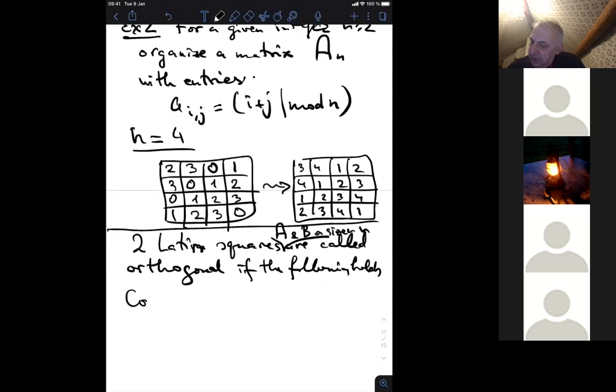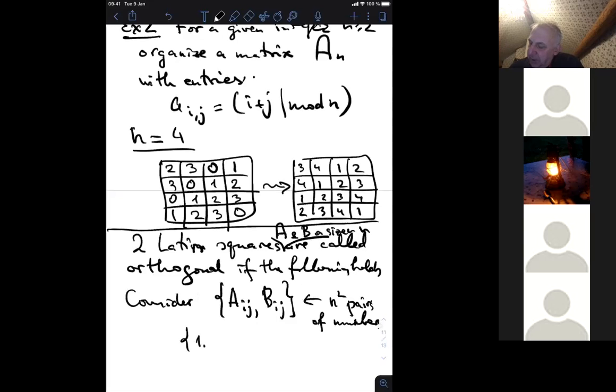So consider pairs of the entries A_ij, B_ij. So these are n squared pairs of numbers, and each number is in between 1 to n.